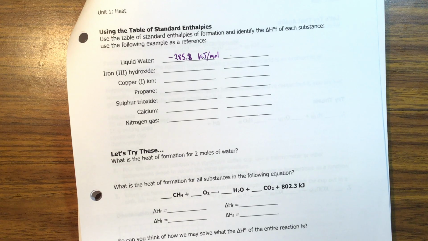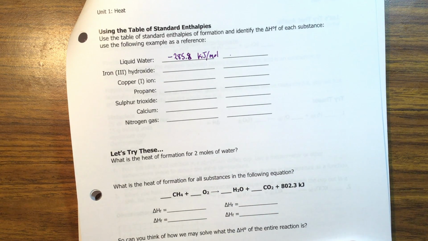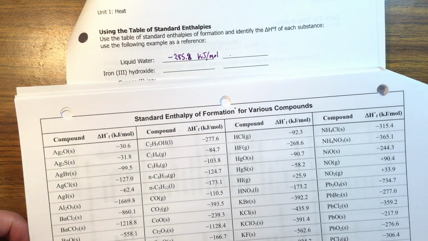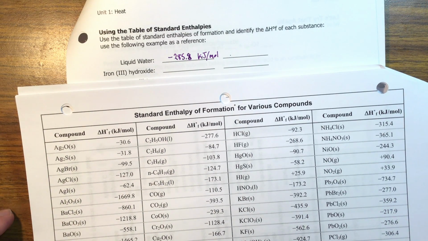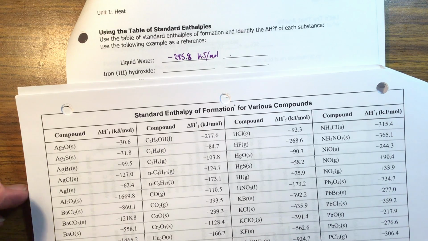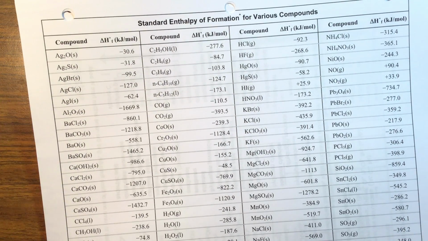Oh, I'm missing a backside of this. Iron 3 hydroxide. Do you remember what iron 3 hydroxide is? It's going to be something with Fe, isn't it? If I'm looking on this, I do not have anything with Fe on it.